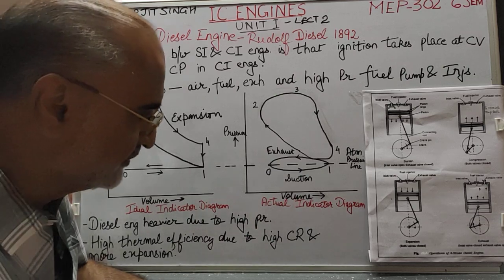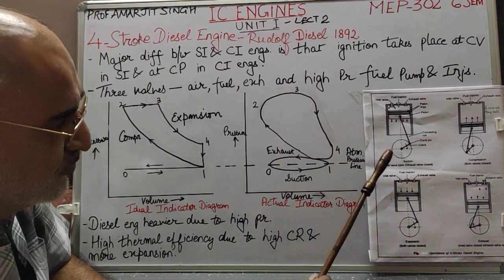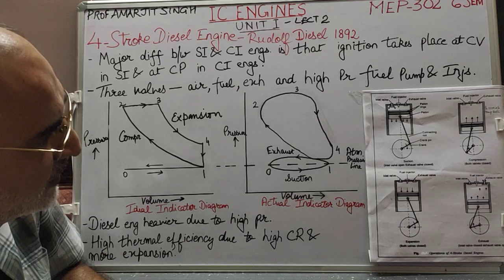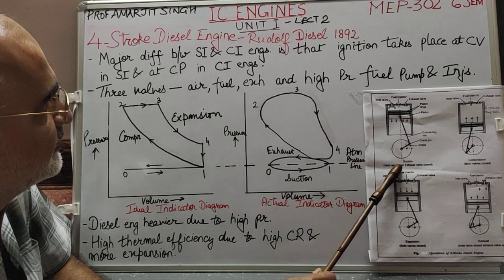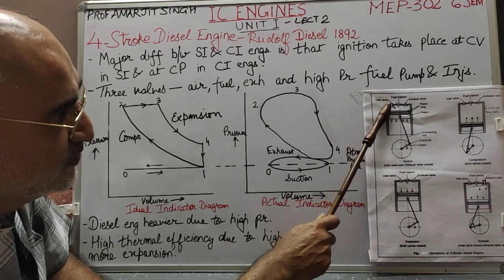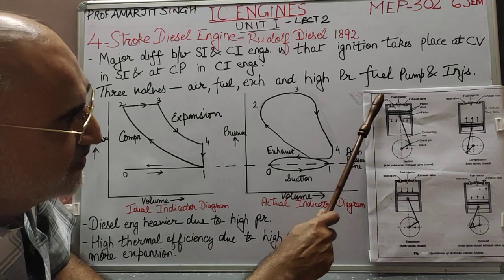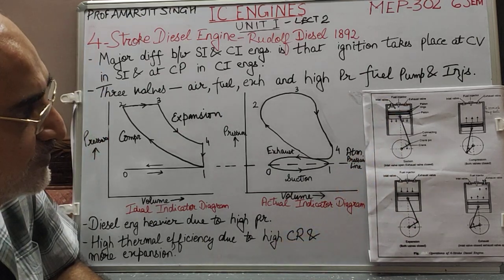Now let us see the four strokes. This is the suction stroke. In the suction stroke, the air has to be inducted through the inlet valve. So the inlet valve will be open, the exhaust valve will be closed.